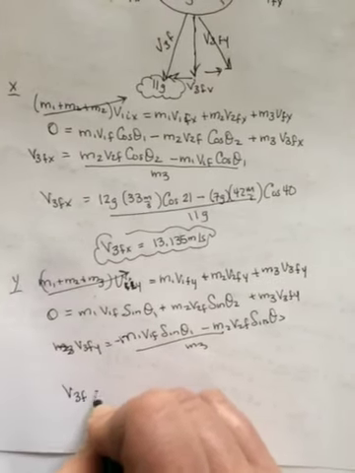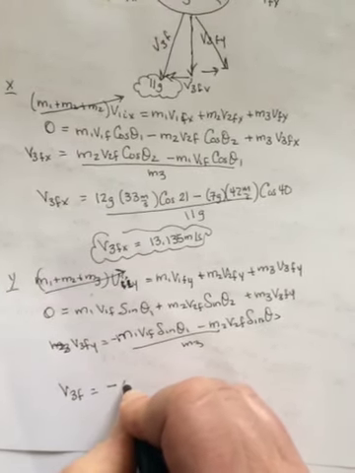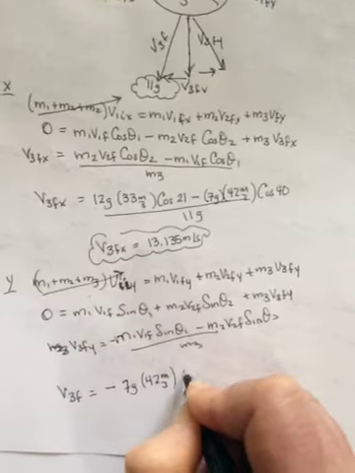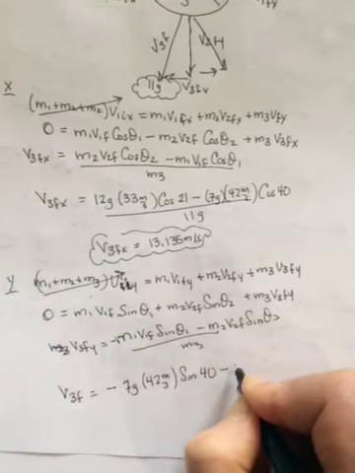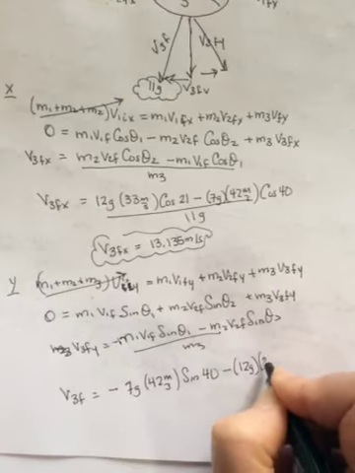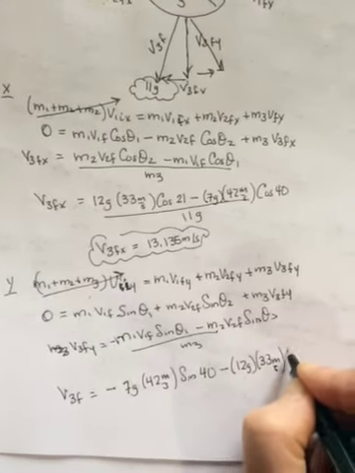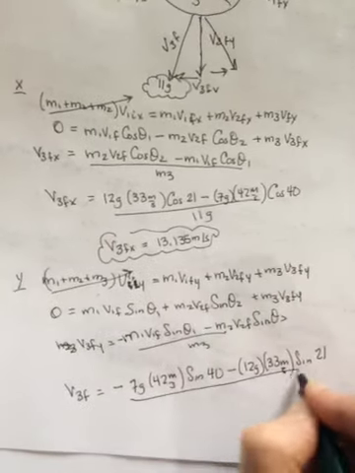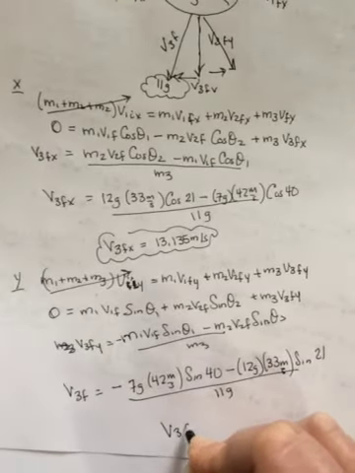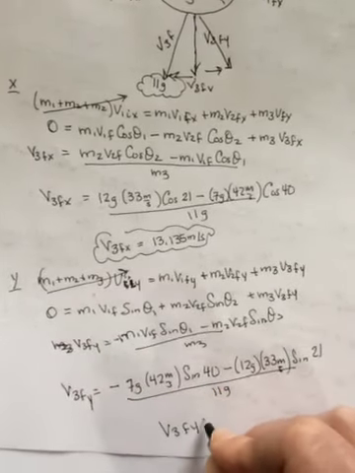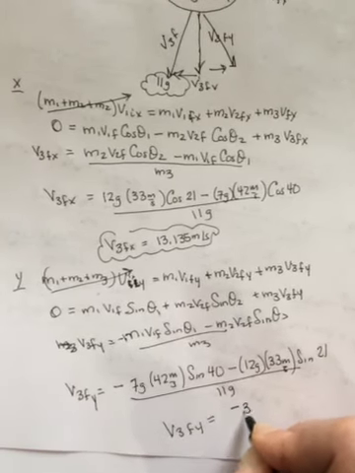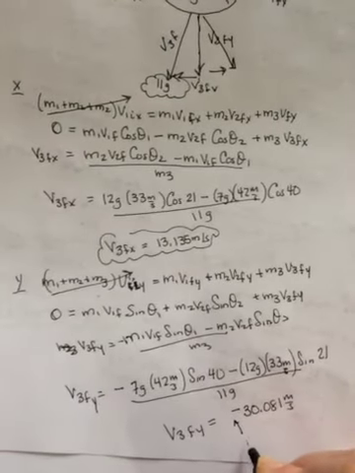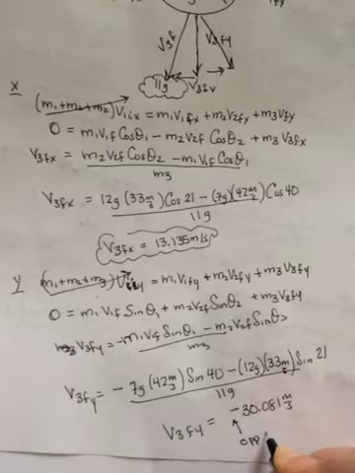So V3 Fy will equal negative M1 was the 7 grams, 42 meters per second, sine of 40, minus the 12 grams, 33 meters per second, sine of, what was it, 21, divided by 11 grams. V3Fy is equal to negative 30.081 meters per second. And the negative's no surprise, means it's going down opposite the other two, which it should be.